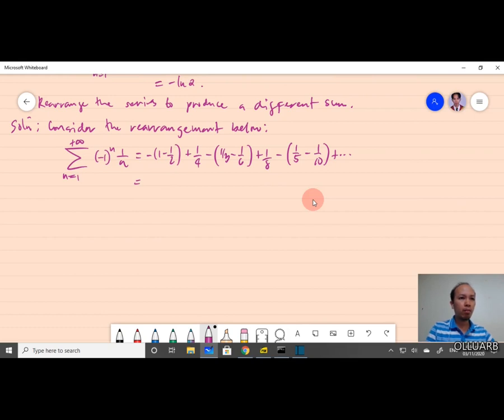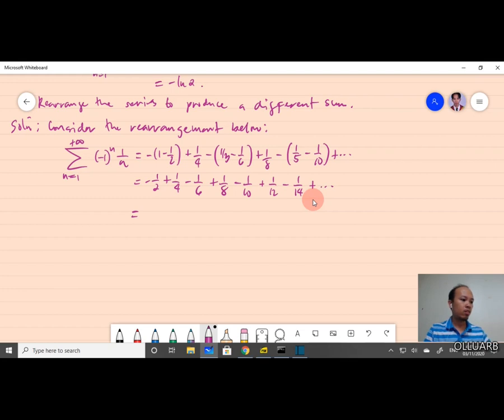This will become negative 1 half plus 1 fourth minus 1 over 6 plus 1 over 8 minus 1 over 10 plus 1 over 12 minus 1 over 14, sorry, plus that.